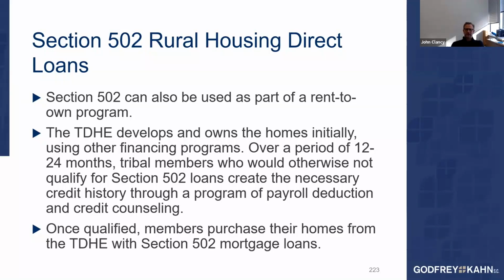So the tribe or TDHE can create a program that way, where it initially builds or buys the homes using other financing programs, and then works to make the homes available to members as they build up their credit and can qualify for the 502 mortgage loans.